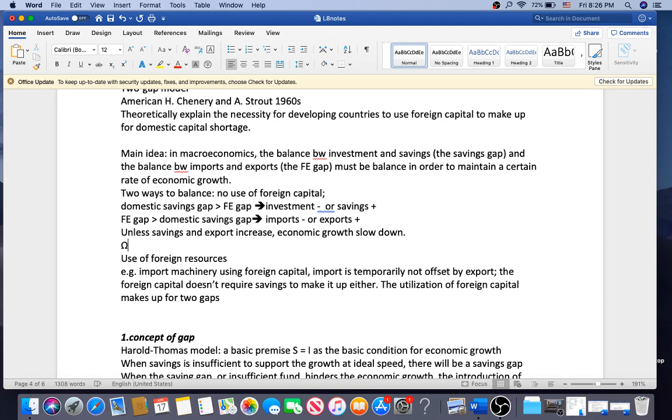It can be seen that the utilization of foreign capital can make up for two gaps. At the same time, it can not only meet the investment needs, but also reduce the pressure of paying the import fees so as to ensure the economic growth.